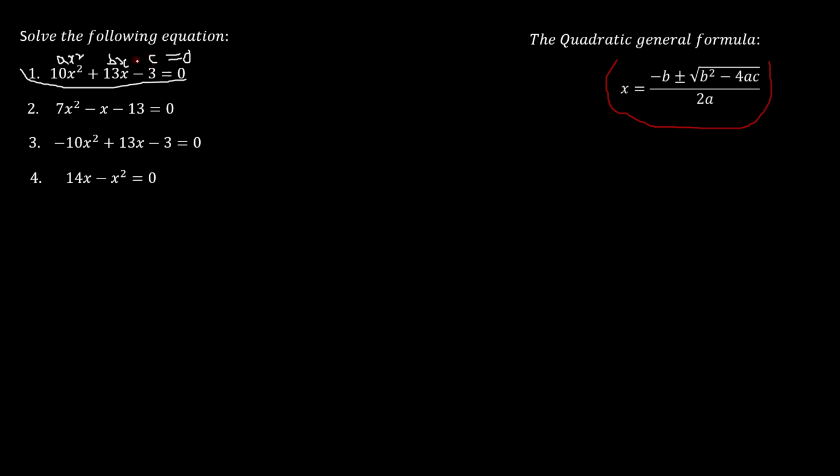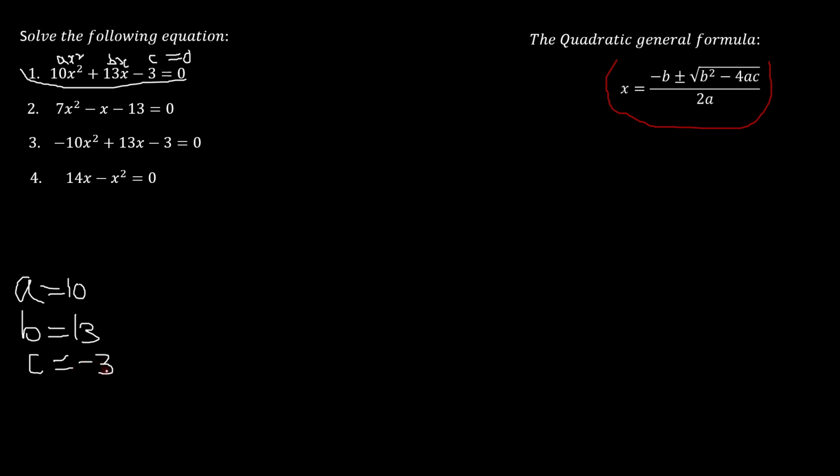It's just on the same formula. So we say a is equal to 10, then b is equal to 13, and c is equal to minus 3.